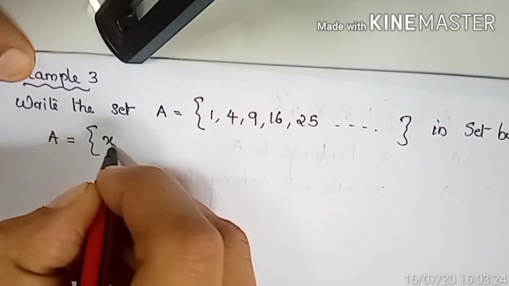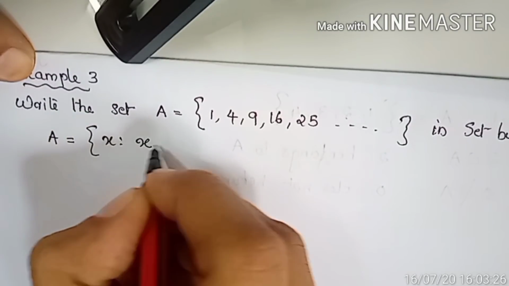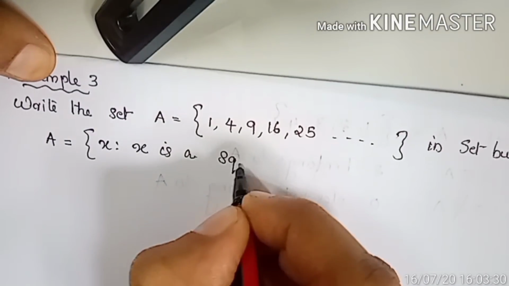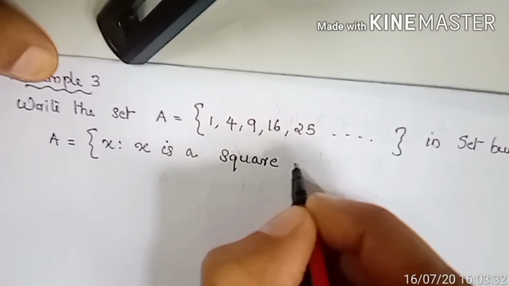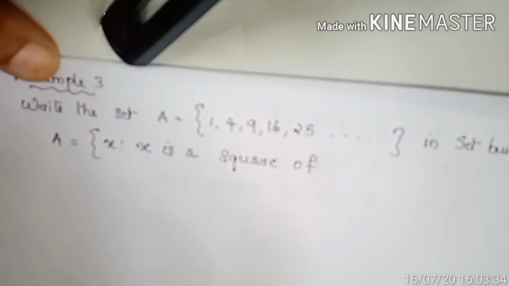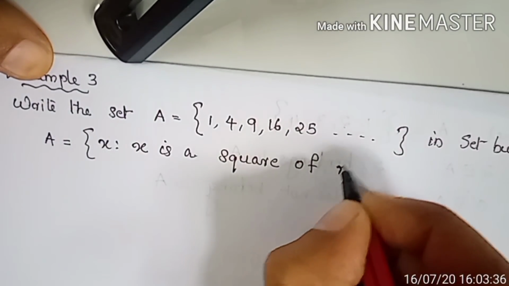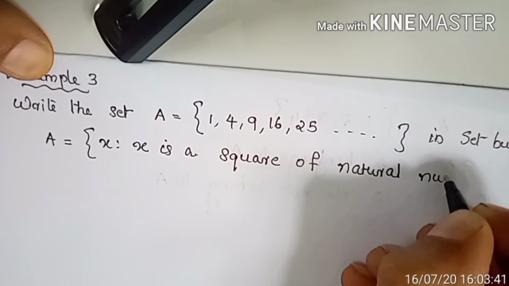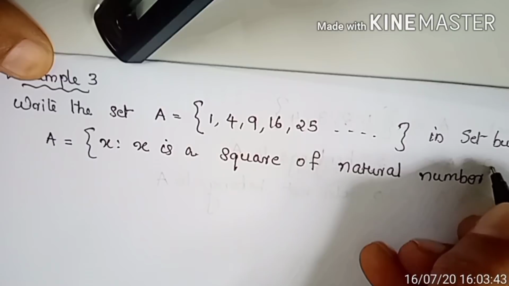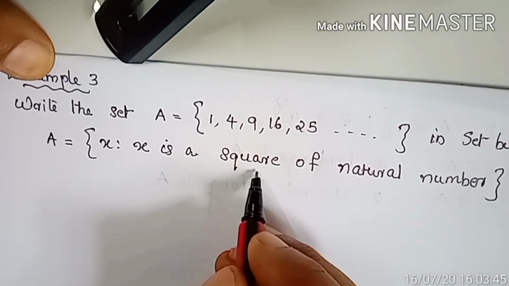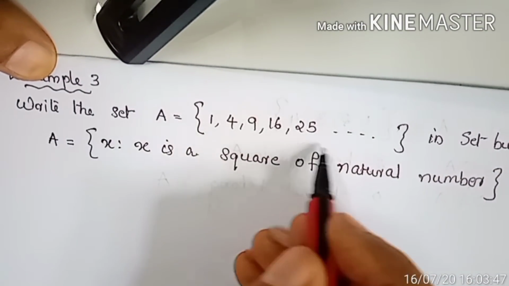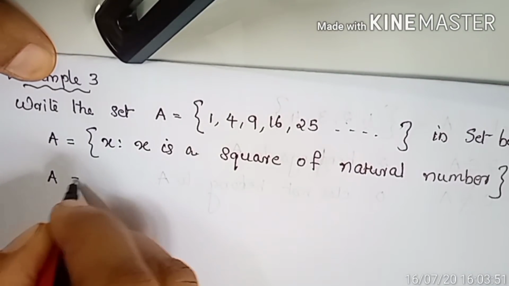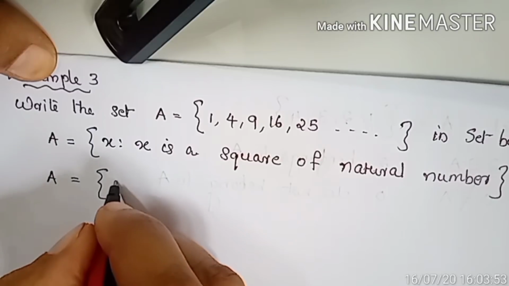So we can write this as A is equal to set of all x such that x is a square of natural number. Each number is a square of a natural number. We can write this in another method also.